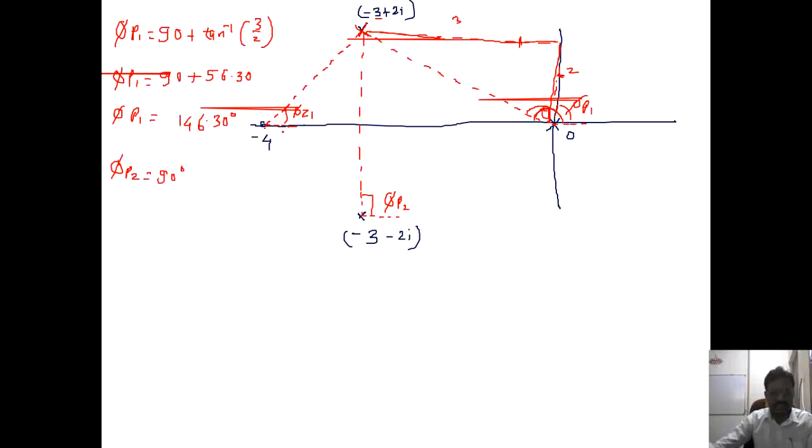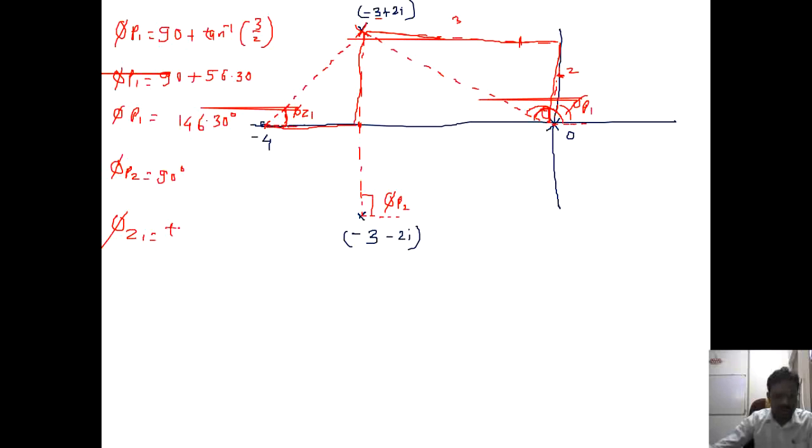Now phi z1 is equal to this angle we need to calculate. So suppose phi z1 is tan inverse opposite by adjacent. Opposite is this one, adjacent is this one. Opposite is on the imaginary axis, we are at the 2 point, and on the x-axis, suppose this is a 3 and this is a 4, so 1.